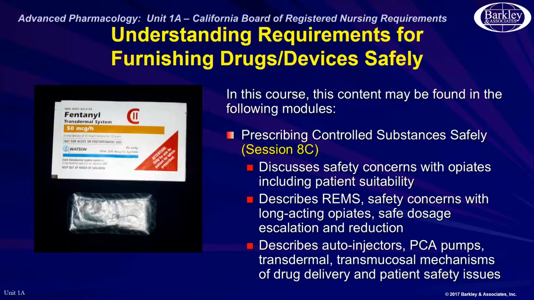So this module looks at safety concerns with long-acting opiates, safe dosage escalation and reduction, opioid rotation. All of those things will be considered in session 8C. It also describes things like auto-injectors, patient-controlled analgesia pumps, transdermal, transmucosal mechanisms of drug delivery, and other patient safety issues.